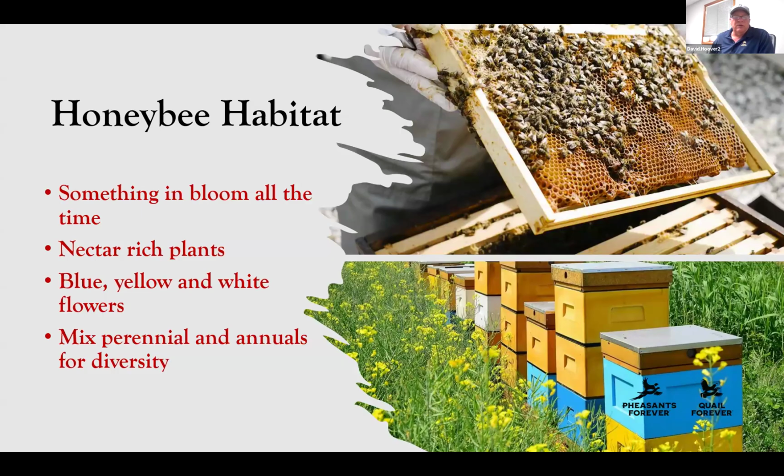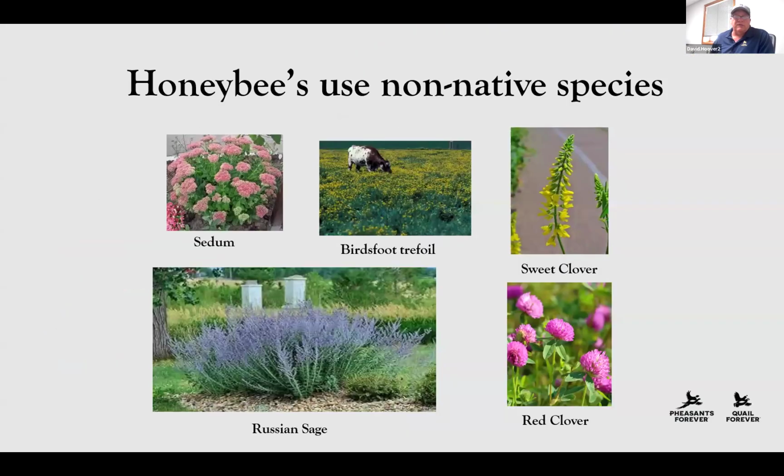They prefer blue, yellow, and white flowers, and just having a good mix of perennials and annuals. And you'll see that common theme throughout all the pollinators, quite honestly. But really, it's providing the nectar source for honeybees that is the primary concern throughout the growing season.